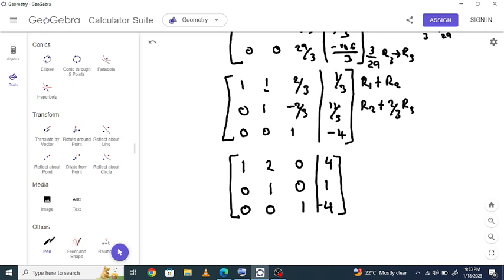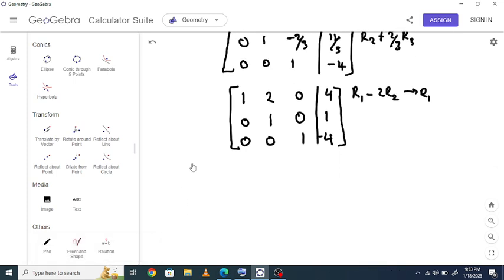And now we want a 0 here. We are going to have R1 minus 2R2, and that operation is left on row 1. Let's see what it gives us.